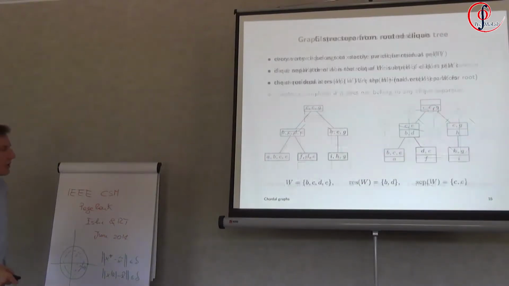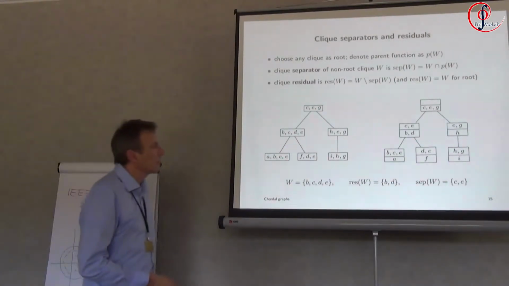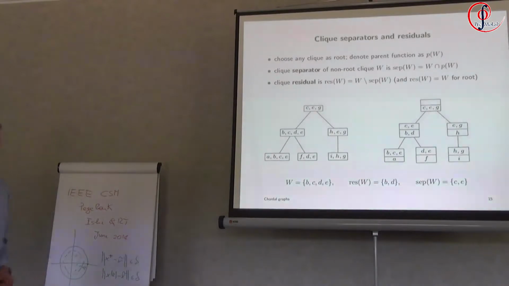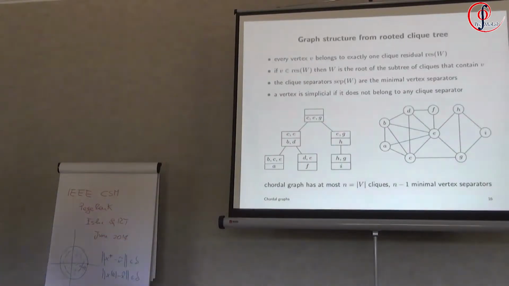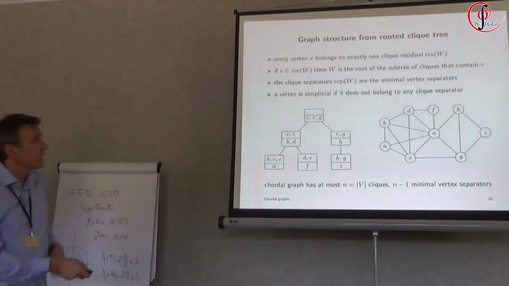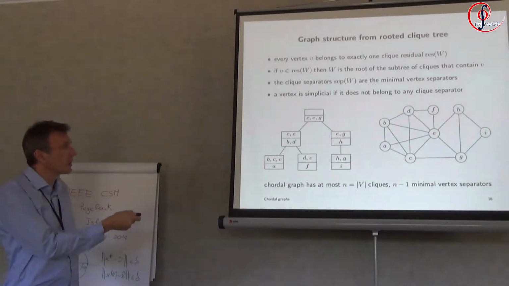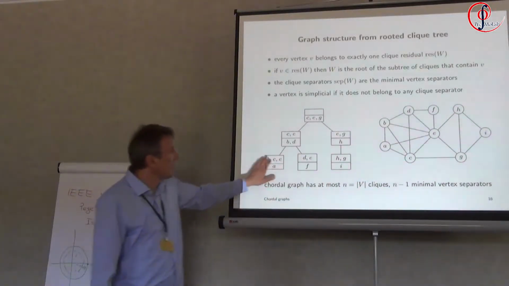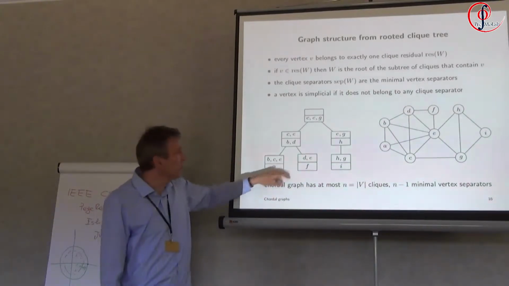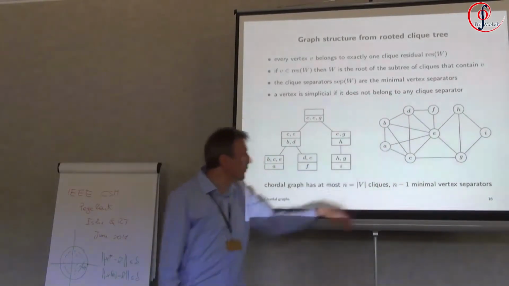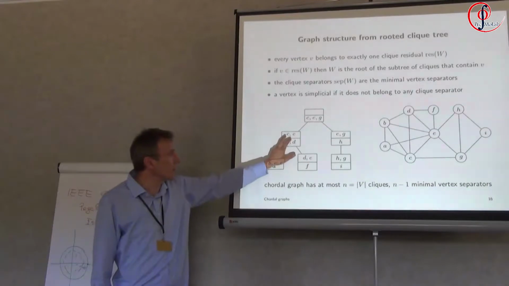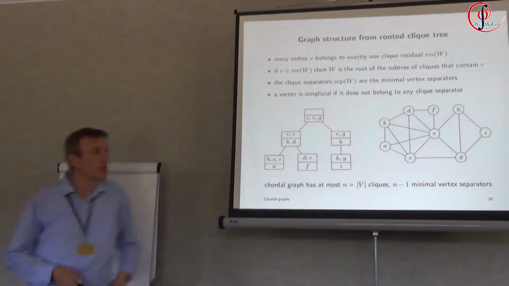This clique tree is a very convenient structure because it summarizes a lot of information about the graph. Suppose you're given this clique tree with the induced subtree property. First of all, it's easy to reconstruct the graph from the clique tree, because the vertex set is the union of all the vertices in these cliques, and you have an edge between two vertices if they appear in one of those cliques together.